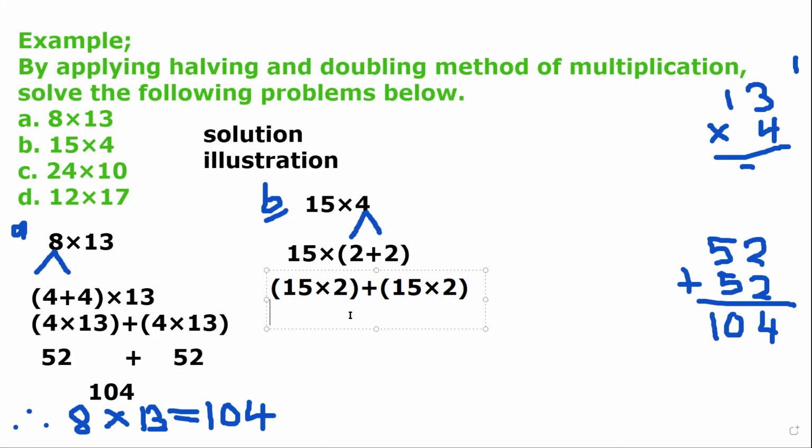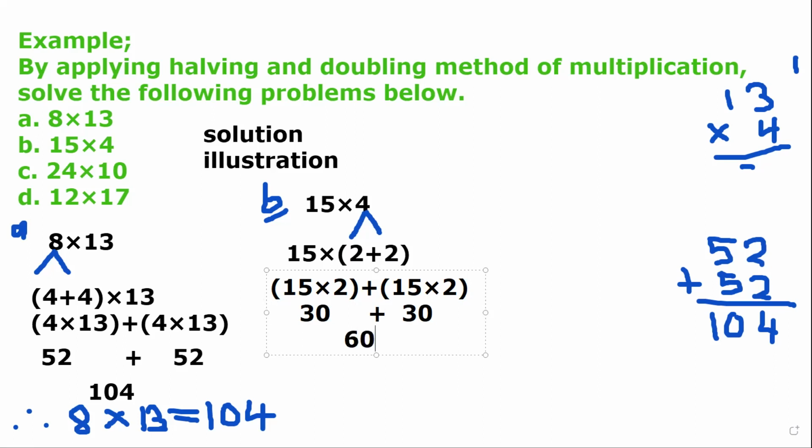Now, when you multiply 15 by 2, I hope it's 30, right? So 15 by 2 is 30, plus 30. Okay, so here 15 by 2 is 30. So when you add 30 by 30, the answer will be 60.